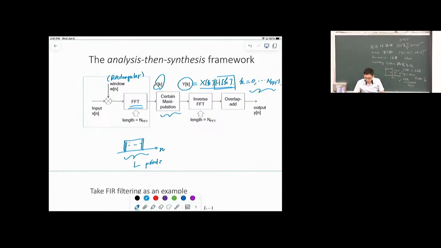And then what's next? Just go back to the time domain and put everything together. You have a signal in your output. And the computation load can be saved. Computation load is lower thanks to FFT. It's going to be faster than performing direct convolution. So that's the overall framework I want to share with you.